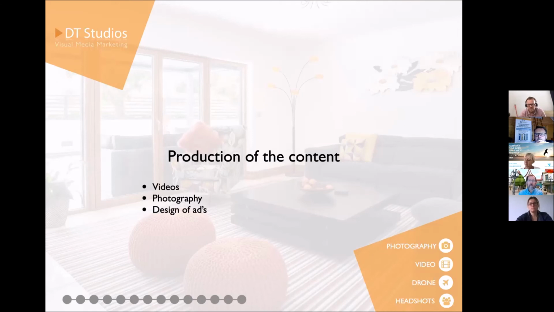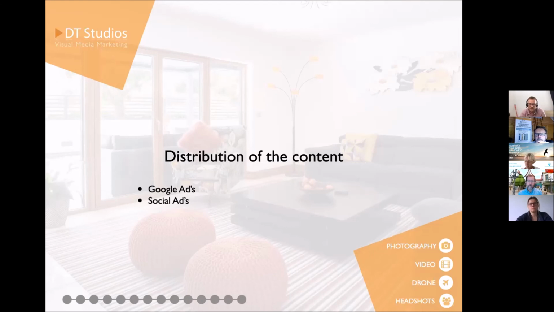Specifically, what we do is we tend to put it together into a campaign. So distribution of that content, sorry, I'm getting ahead of myself. Distribution of the content would be to do little ads. So we can do Google ads, and social ads like Facebook, Instagram, Twitter, LinkedIn. Working with all of these platforms, they want slightly different ads.